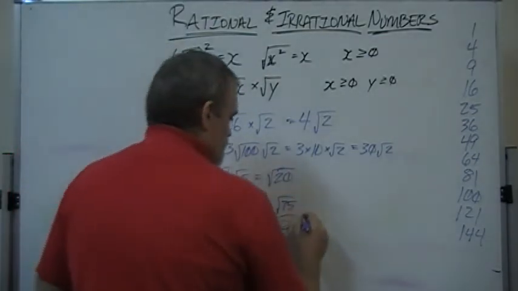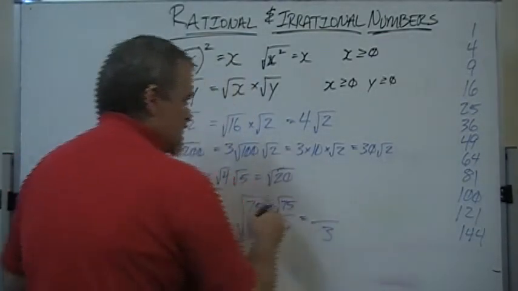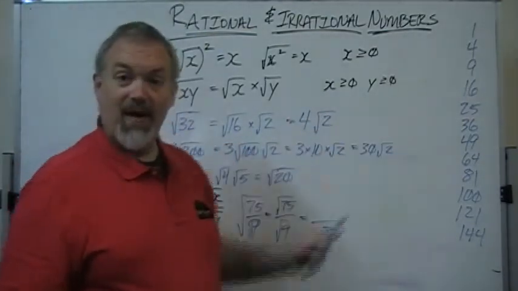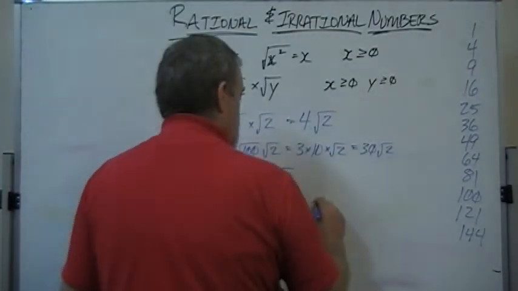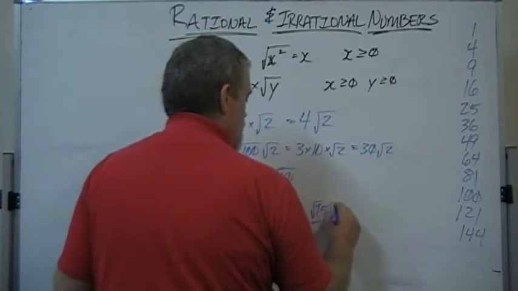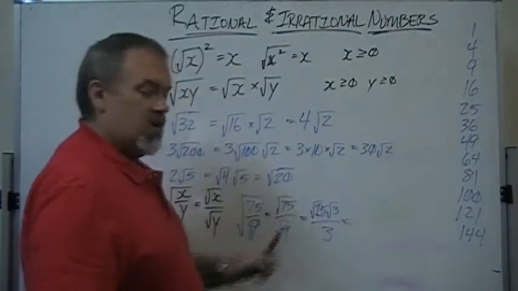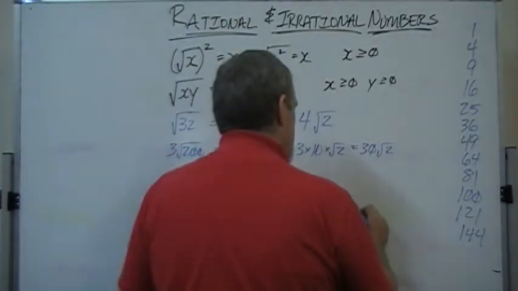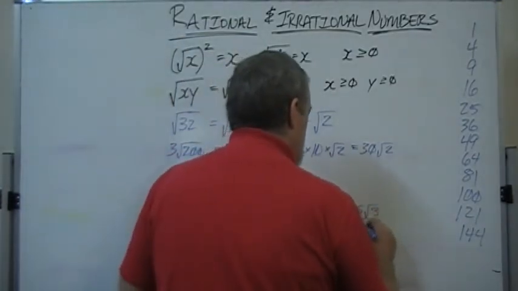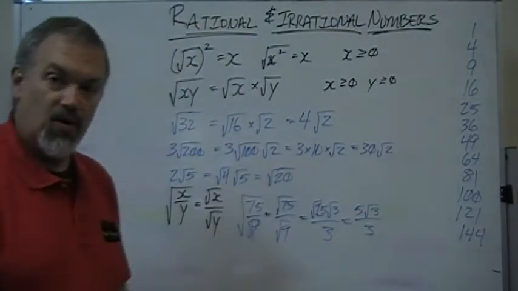And we know that the square root of 9 is 3. 75 is 25 times 3, so the square root of 75 is the square root of 25 times the square root of 3. And the square root of 25, of course, is 5. So we get 5 times the square root of 3 over 3, and that's how we use that rule.